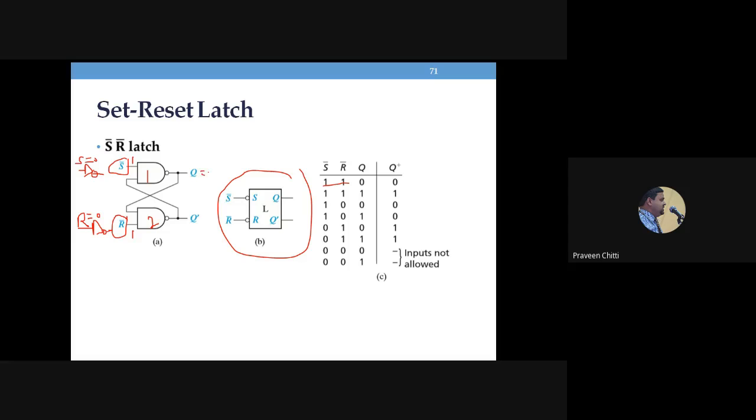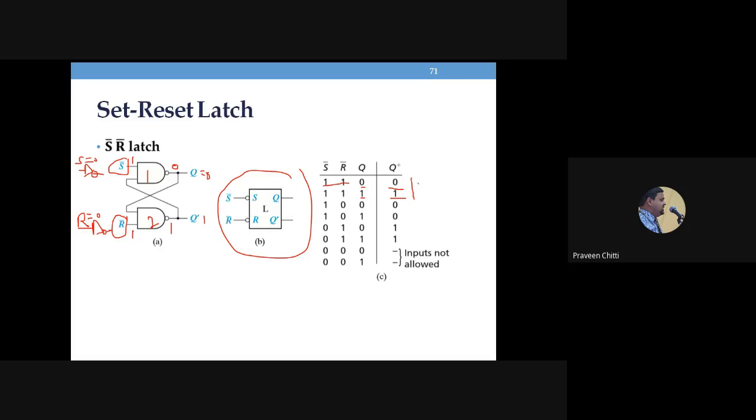So initially, if I assume Q equal to 0 and Q bar equal to 1, now this 0 will come here and this will produce the output as 1. And this one along with this one produces 0. That means when we give S equal to 0, R equal to 0, meaning S bar equal to 1, R bar equal to 1, if initially Q is 0, we are getting Q equal to 0. Similarly, it can be shown that if Q is 1, you are going to get 1.